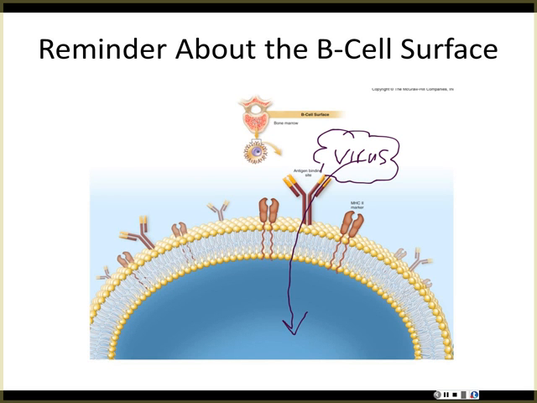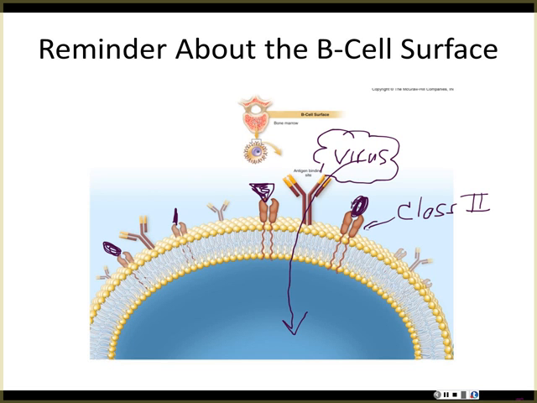The poor little virus is going to get chopped up, and then pieces of its antigens are going to be displayed on the surface inside these class 2 proteins. So there'll be little antigen pieces stuck up here on the surface.